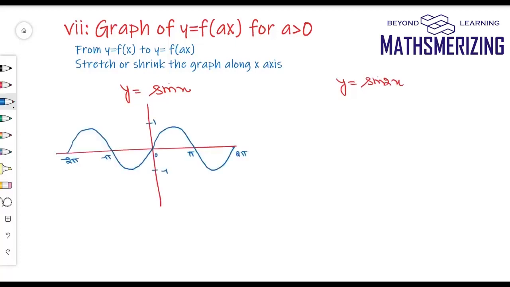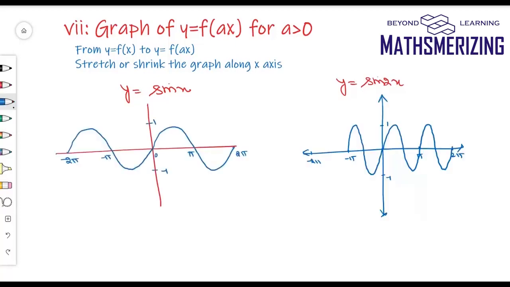So I'll draw the graph of sine x. For sine 2x, I'll shrink the graph along x-axis. Previously, the period of this function was 2 pi. Now the period of this function is pi.